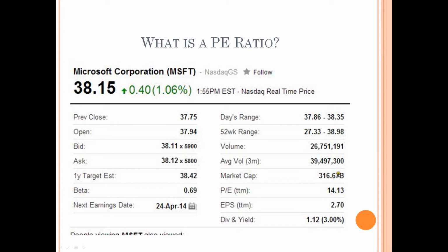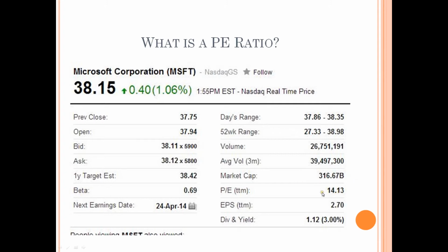If you divide that by the total number of shares outstanding, that gives us our current price of $38.15. Now, right here, the EPS is $2.70 a share. So if you take the 38.15 and divide it by 2.70, we get our PE ratio of 14.